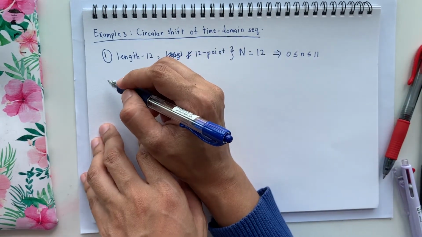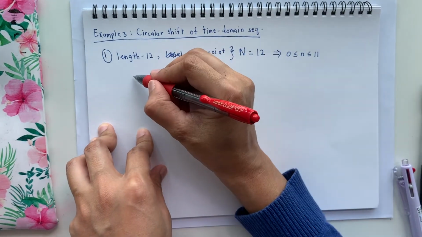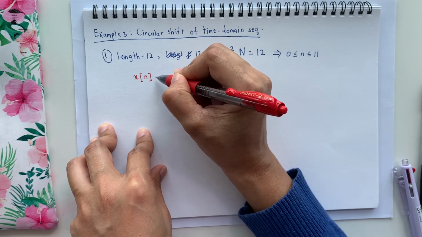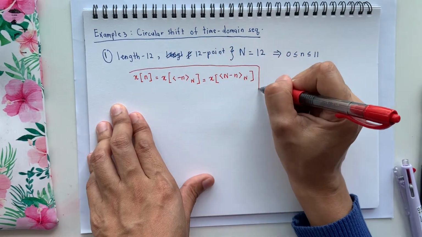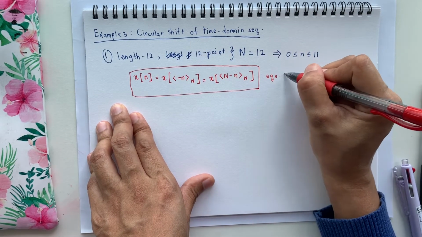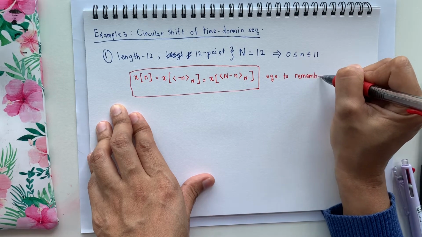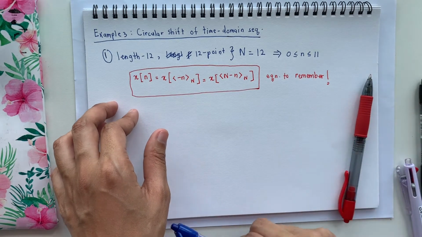First, you have to remember this equation. This is x[n], the time domain equation.